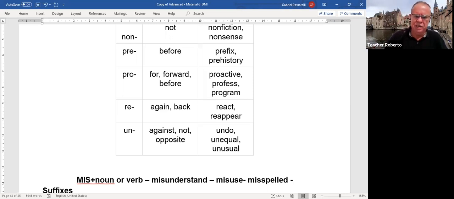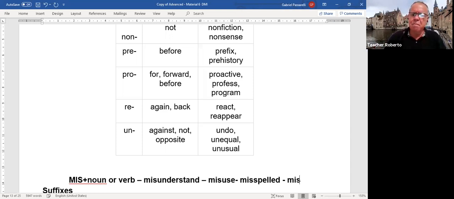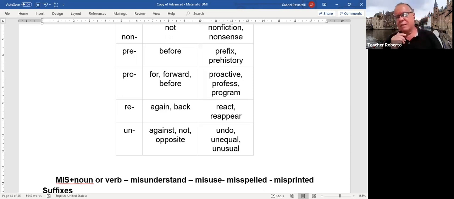Then you say, holy cow, it was misprinted. Good. So I can practically add this to all the verbs, understand? The idea is the action was done, but not correctly, okay?